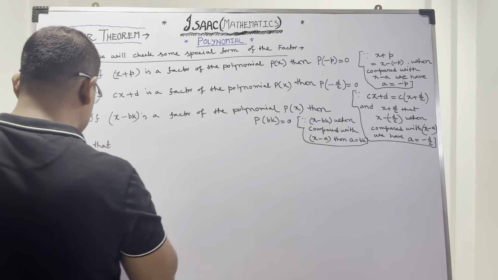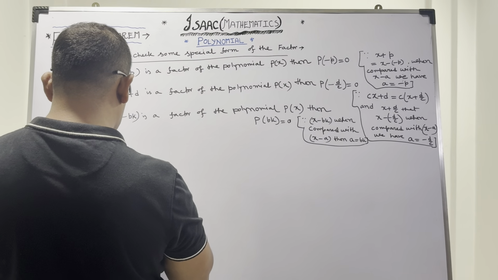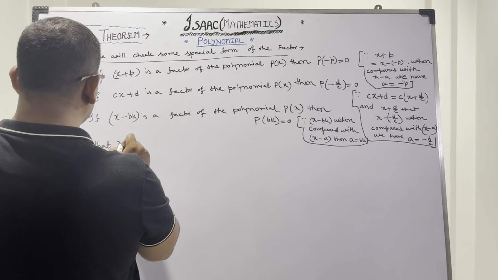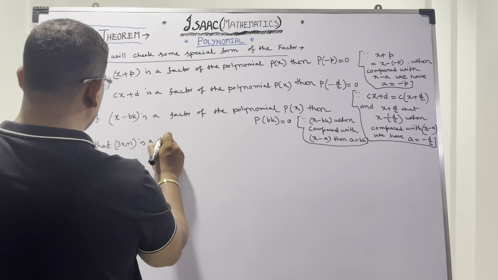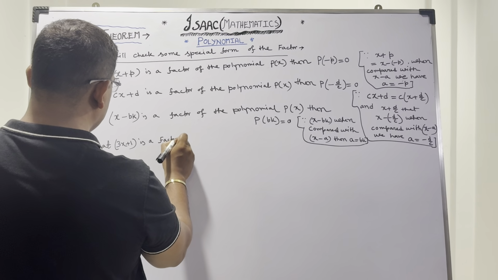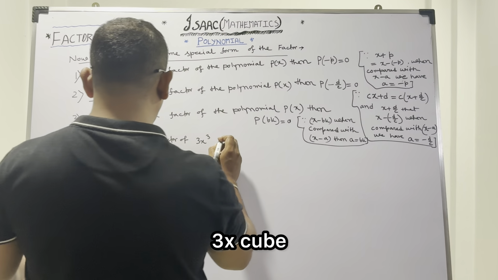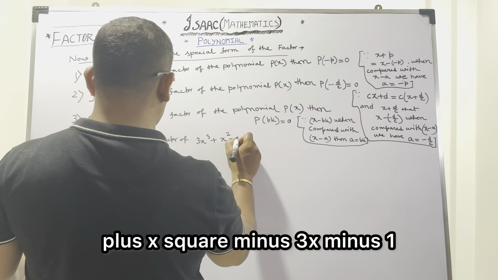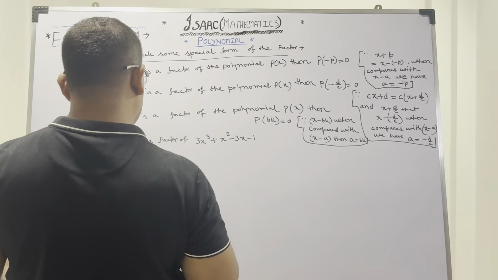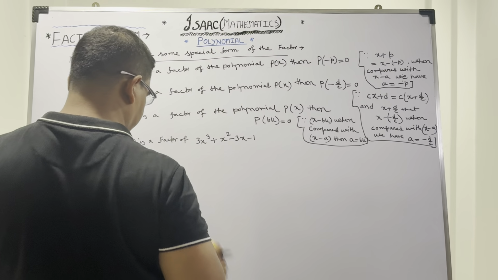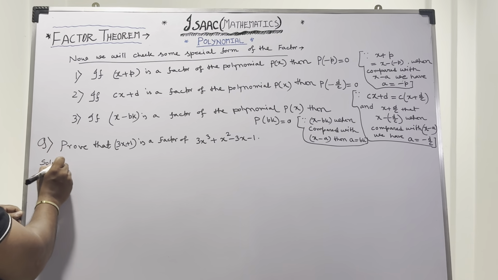Prove that 3x plus 1 is a factor of 3x cube plus x square minus 3x minus 1. So here, solution.